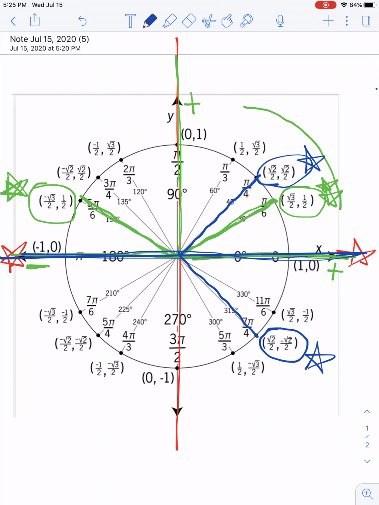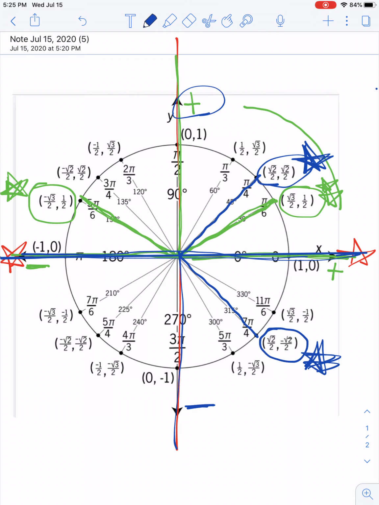So the y coordinates changed. And that's because up here, remember, we're dealing with positive y values, but then down in this quadrant, those y values are negative.